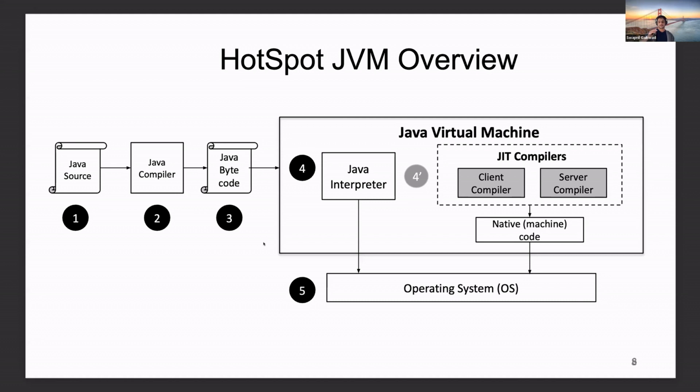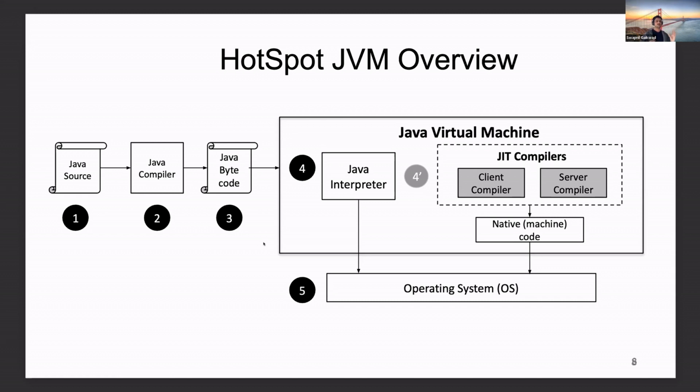But if the method is still getting called, that means it is an important method, so you give it to the server compiler. You say, take as long as you want, but give me the best possible version of this method that you can. That's the main difference.